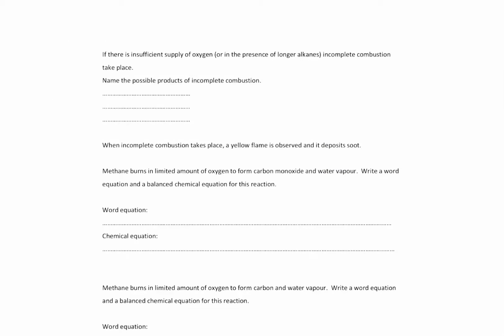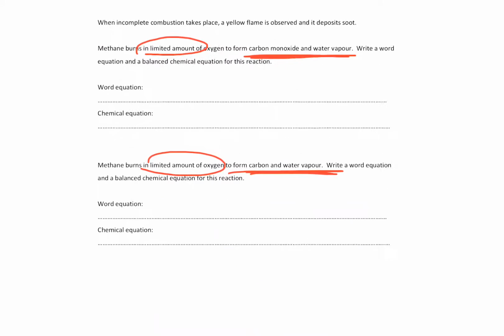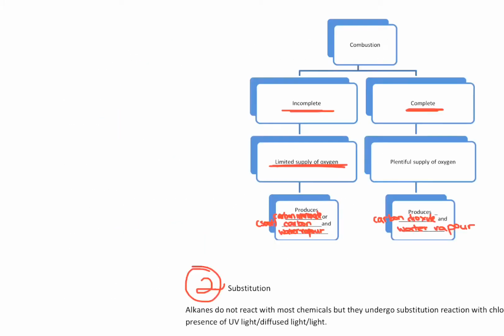And if it is incomplete combustion, you will see limited amount of oxygen, and generally for incomplete combustion the question will give you the product, so carbon monoxide and water or carbon and water vapor. So you will know what the product is depending on the question. Okay, so make sure you answer these questions.